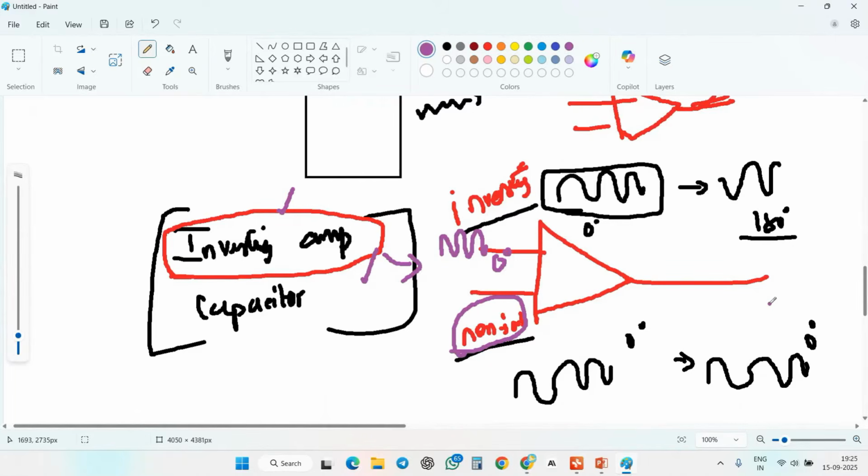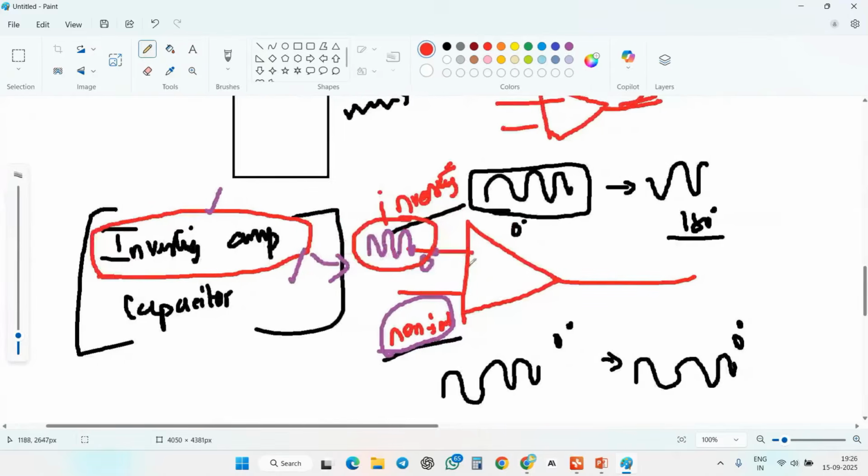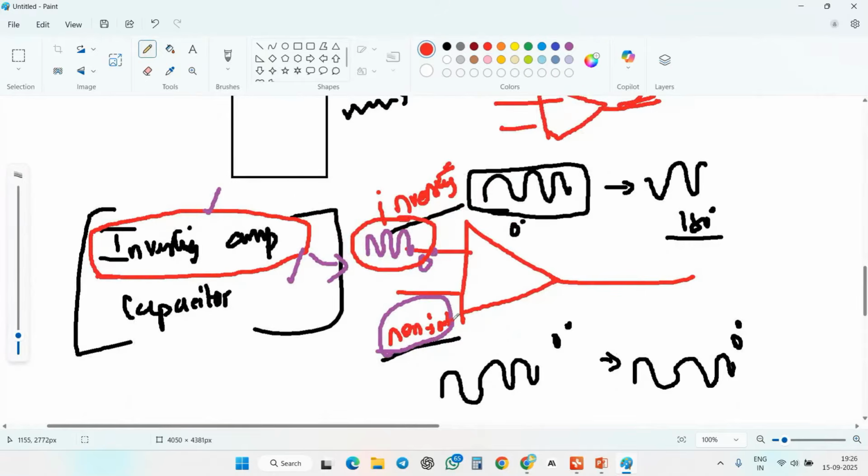You may have this question on your mind. Okay, so I'm going to explain this again. First of all, I give the 0 degree signal to the inverting input. Okay, here it automatically provides a 180-degree phase shift of the signal.